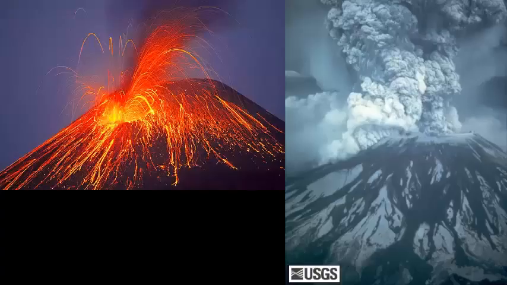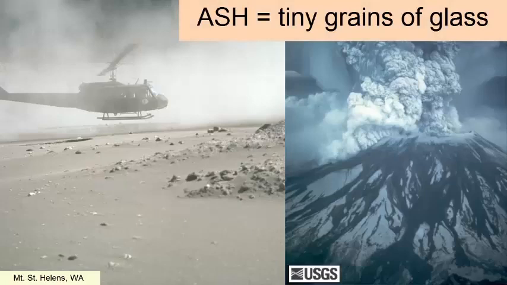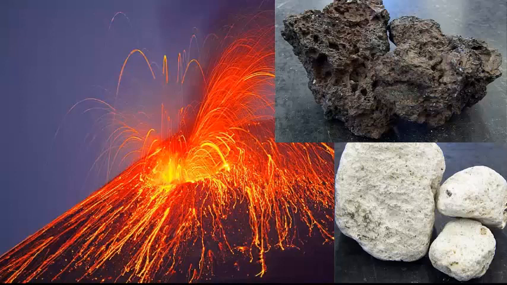When magmas erupt explosively with lots of gas, lava is thrown through the air, adhering to the gas bubbles. It cools instantly, forming tiny grains of glass, called ash. Larger blobs of lava thrown through the air with lots of gas within them also cool quickly, while gas is escaping.